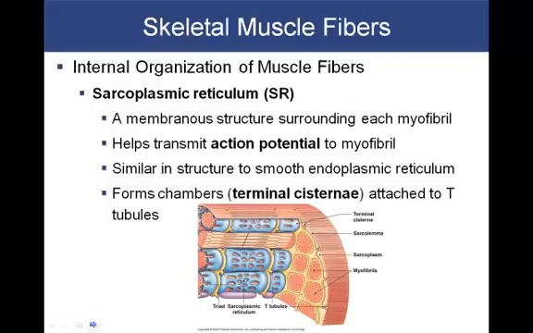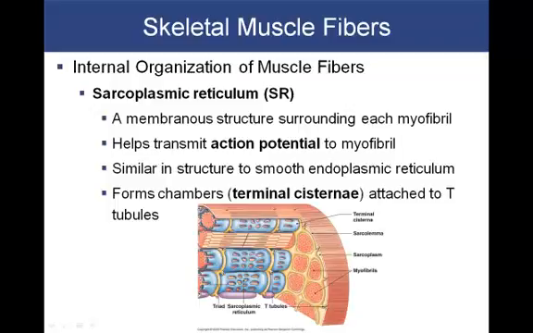The sarcoplasmic reticulum is a membrane-bound organelle that is very closely related to the endoplasmic reticulum. And the sarcoplasmic reticulum helps to transmit that nerve impulse. And what we find is that these sac-like pouches basically hold calcium ions.